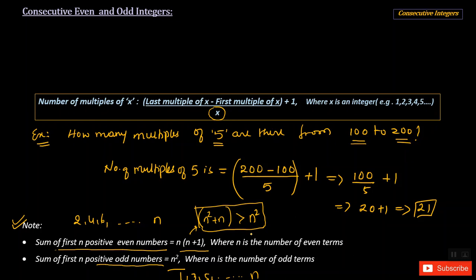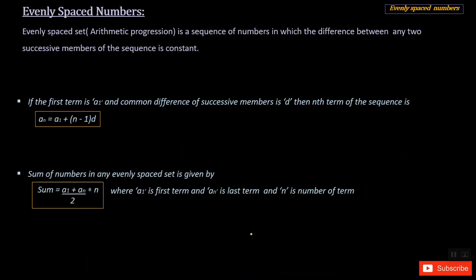All right, let's move to the next. Another common topic is evenly spaced numbers. Till now we were discussing consecutive even and odd numbers, which follow one another with a certain gap. In the same way, evenly spaced numbers are a sequence which follows one another with a fixed difference between them.